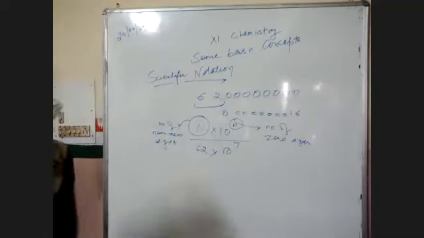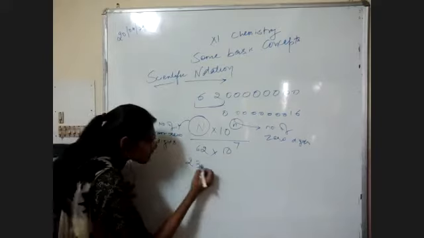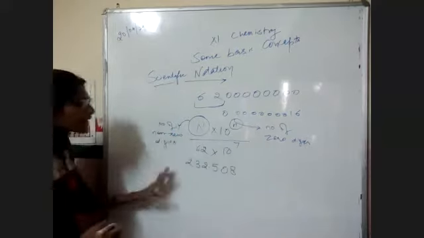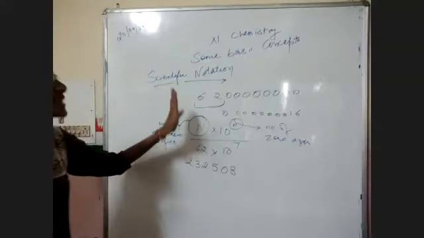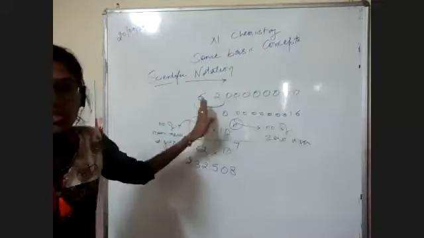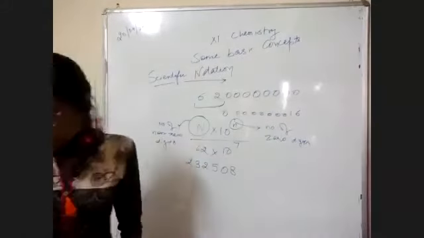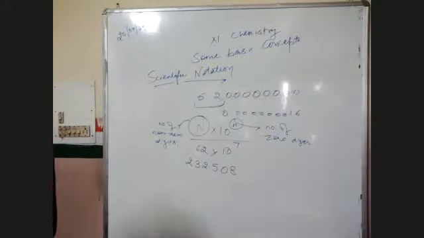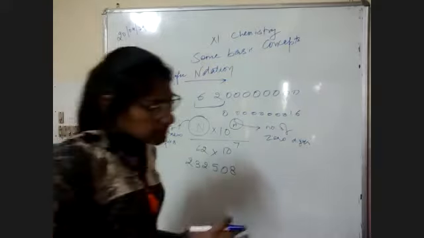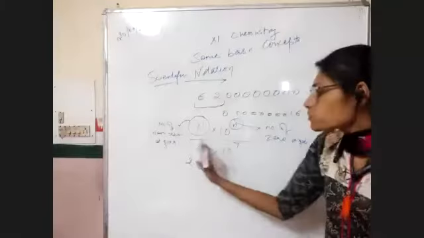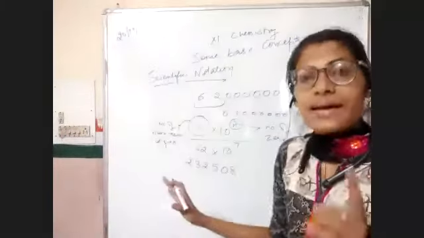Let's take 232.508. We have to write this in the form of scientific notation, N times 10 raised to power n. Now, what would be the method? See, if we move the decimal in the left direction, the power would be exactly the same as the number of places I have moved my decimal. I'm again repeating.